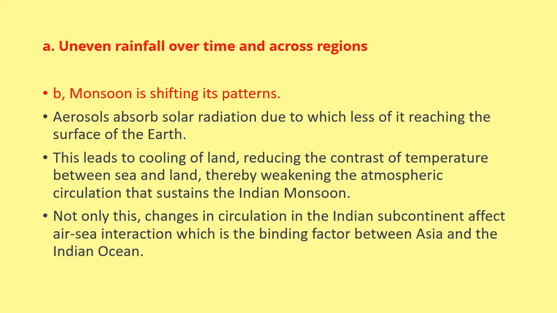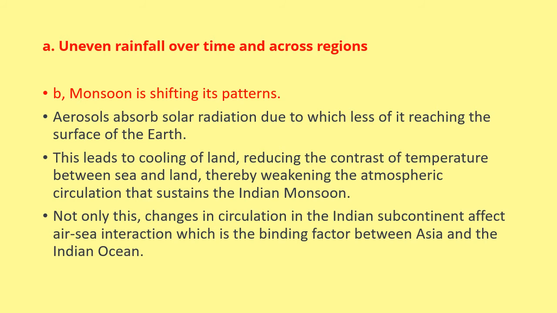The basic and foremost principle of monsoonal circulation is the temperature contrast, rather the temperature and pressure gradient between land and sea, and that has been disrupted due to the increasing volume of aerosol, which leads to cooling of land, and that disrupts the atmospheric circulation and the pattern of monsoonal circulation.